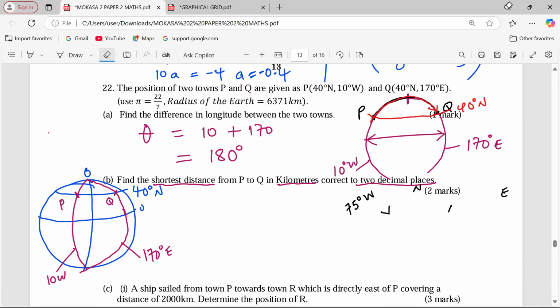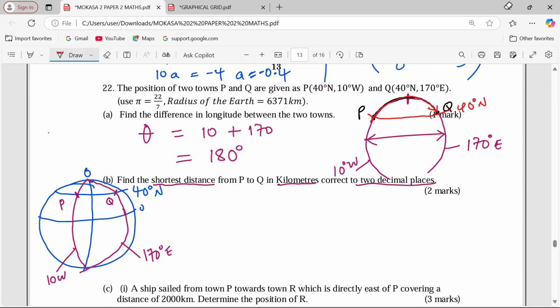When you use the North Pole, you will be using what you call a great circle. If this is the equator, the great circle will be this way. The great circle PQ, the arc PQ, will have an angle at the center. So how do we identify the angle at the center?